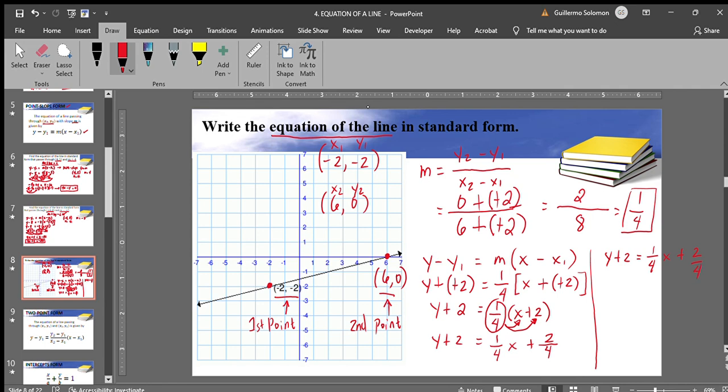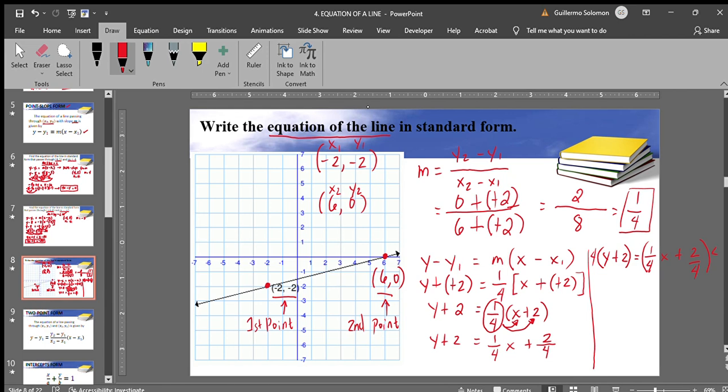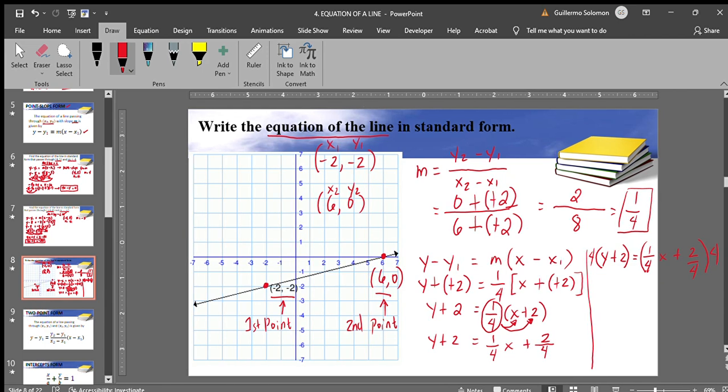So retain. Wait lang. So this time, we have a denominator 4 from both sides. Okay? From the denominator here, dito sa ating right-hand side. So, kailangan natin alisin yung denominator 4. So, in order to remove the denominator 4, let us multiply both sides by that number. So, kung meron ka denominator na 4, multiply it natin both sides by positive 4. Okay?